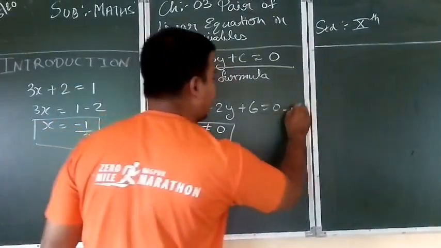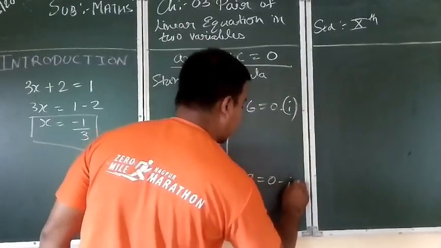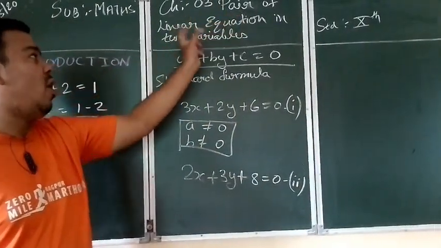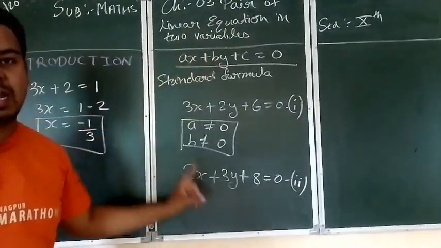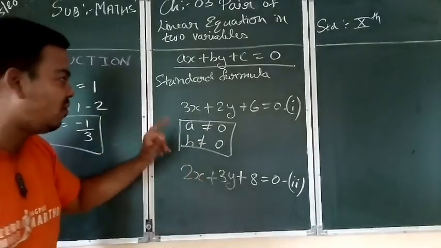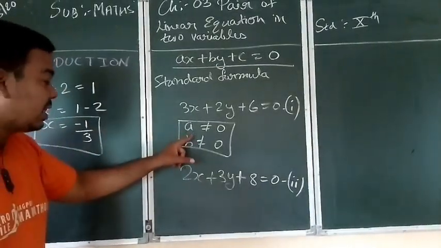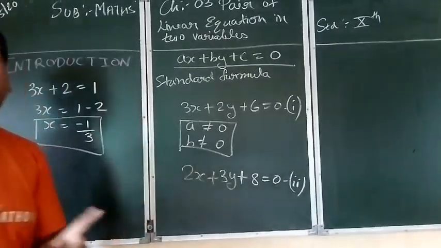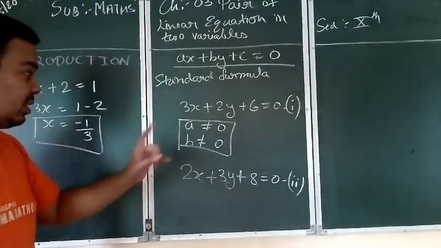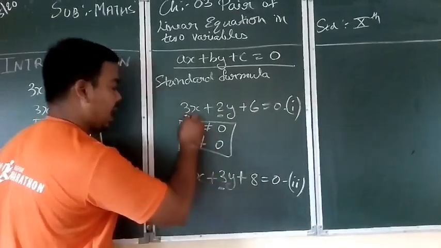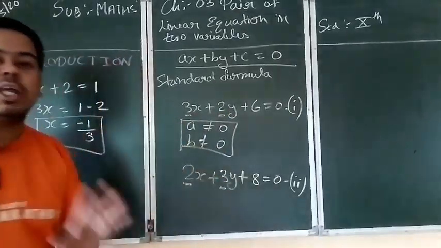This is the first equation, this is the second equation. Then we call this a pair of linear equations in two variables, where a is not equal to 0 and b is also not equal to 0. Remember this.